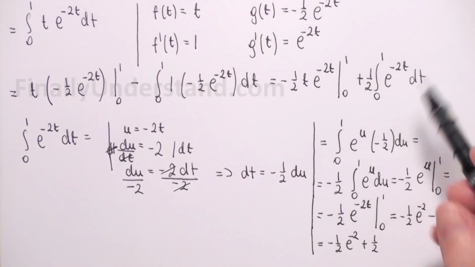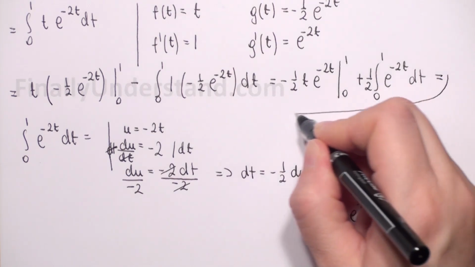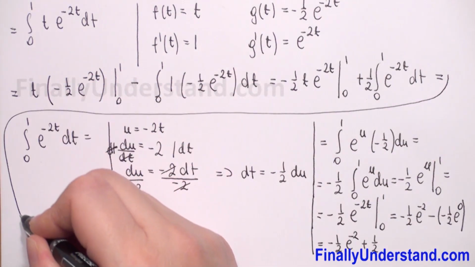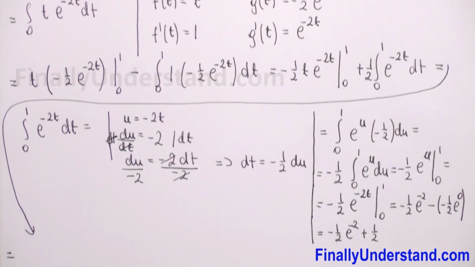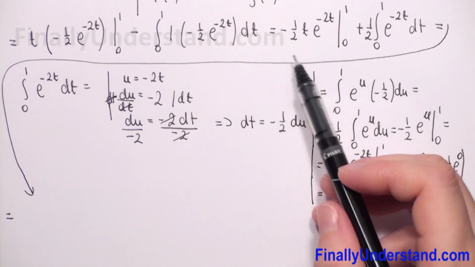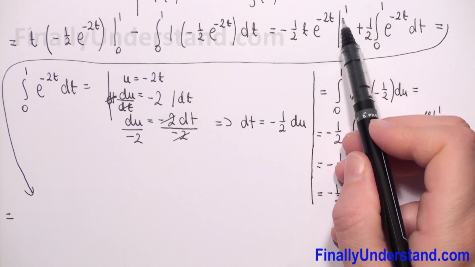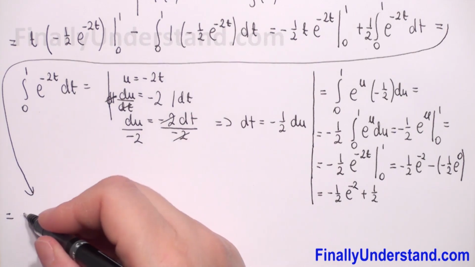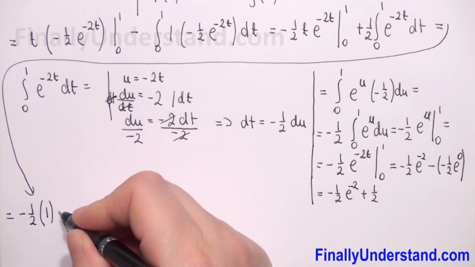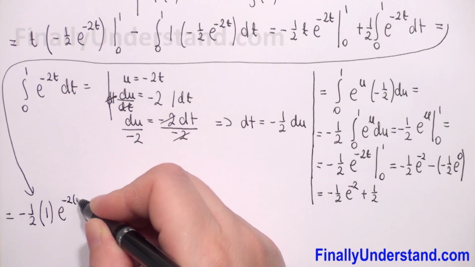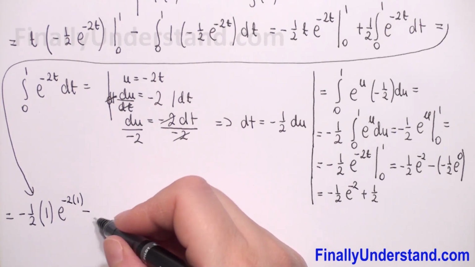So now we have to come back to our problem, and we will have this is equal. So now we have to first plug into this expression the upper limit instead of t's. So we have negative 1/2 times 1 e to power negative 2 times 1, and we have to subtract the lower limit.